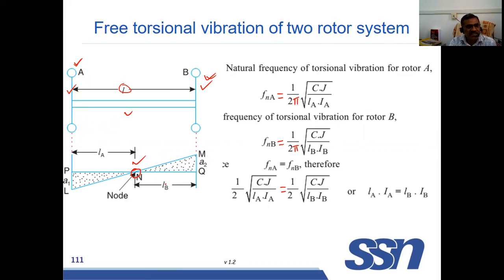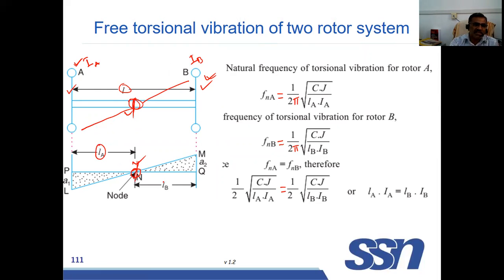In such a case, this mass will have a moment of inertia, let us take IA. This will have IB. If this is a node, here there is no angular deformation. Here it is changing like this. From the node, the distance is LA.